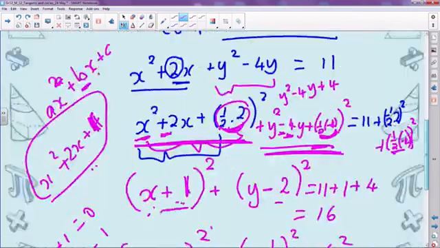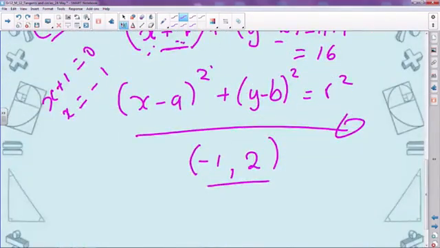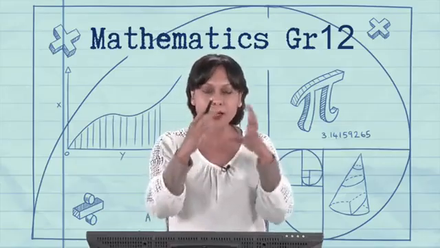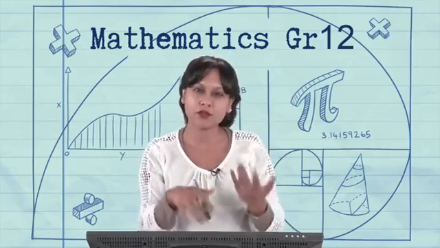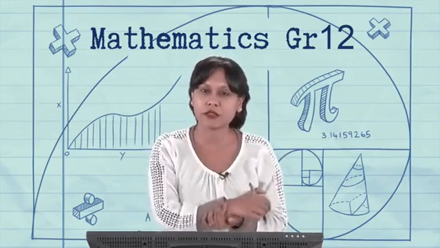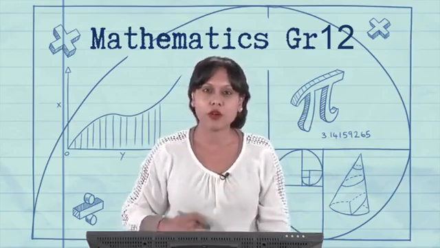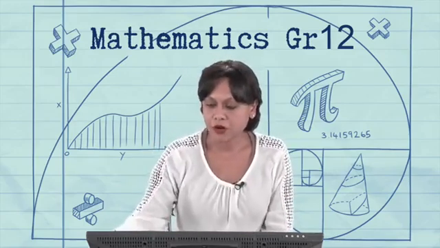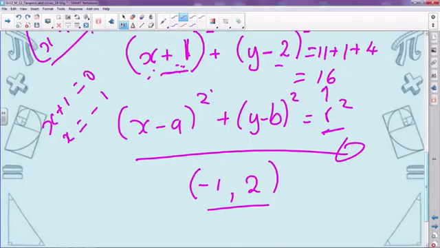And hopefully none of you fell for that trick, okay? Because r squared is not your radius. It's the length of the radius squared. So if you want to find the radius, you need to take the square root of whatever your answer is here on the right-hand side. So we've got r squared, as you can see, is equal to 16.